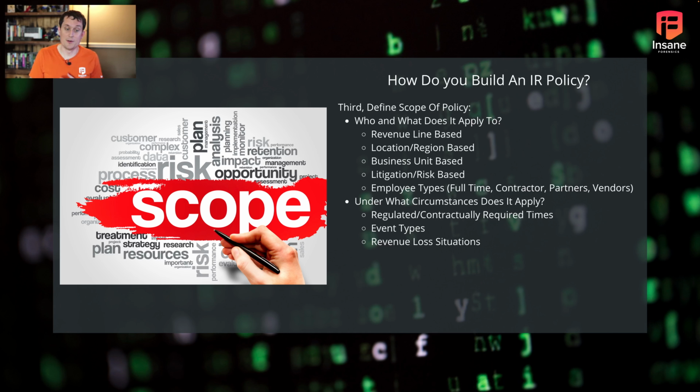Revenue loss situations, right? Does this apply, again, if you're putting it against a revenue line and you're writing an IR policy for it, right? Are there situations where a given revenue trigger will actually activate the IR policy, the plan, and end up in procedures actually being run?